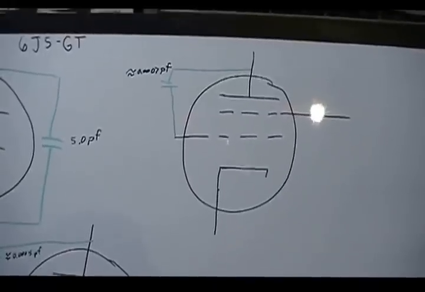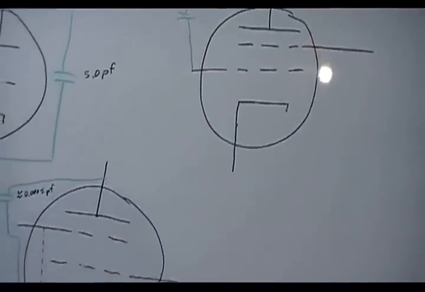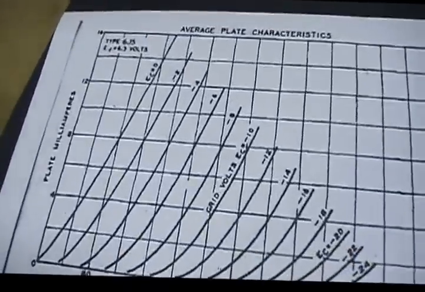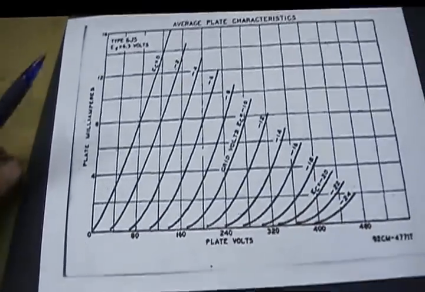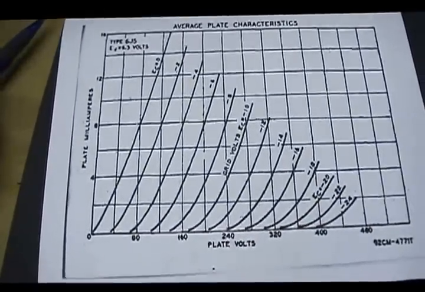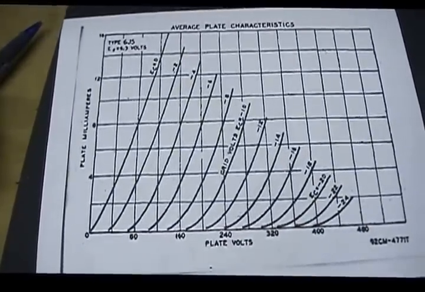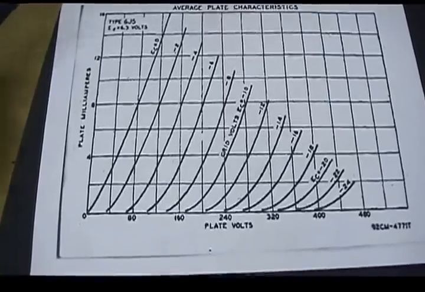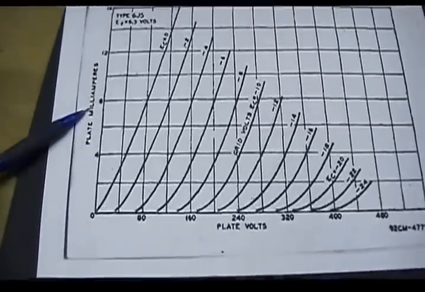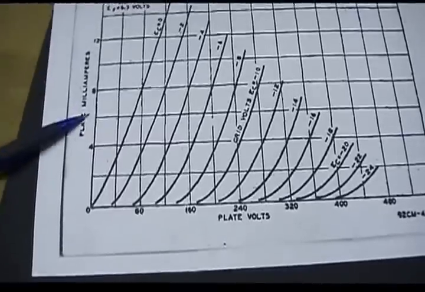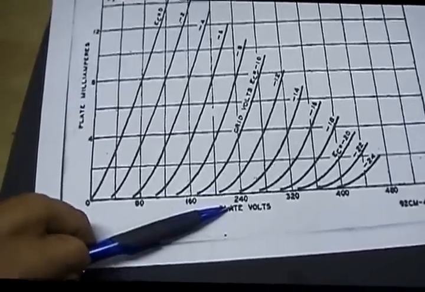Well, it can get really bad at low plate voltages. Now, this here is what they call a plate characteristic, average plate characteristics. It compares the milliamperes on this side with the plate volts.